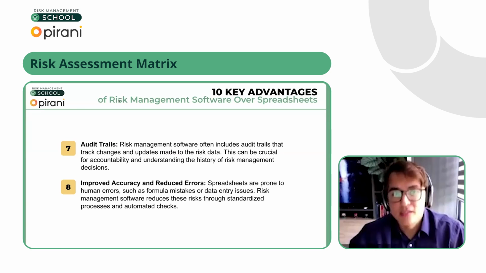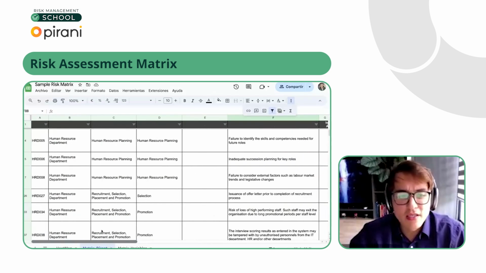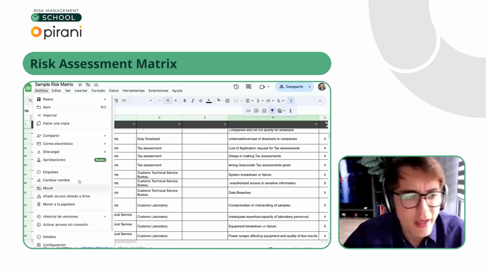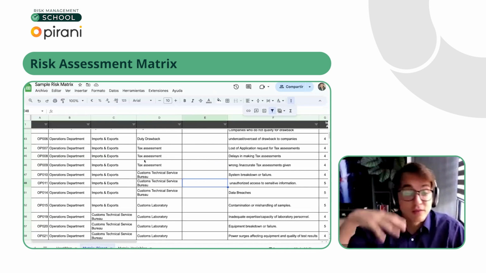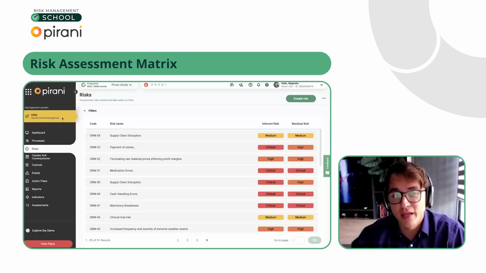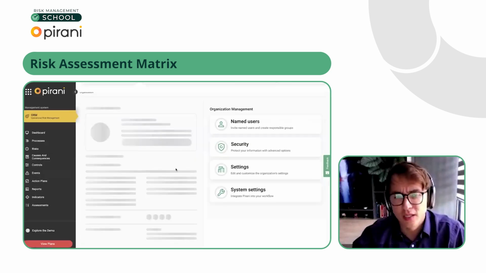7, audit trails. Of course, you can say, oh no, who changed that specific information? Maybe I can go to the history of versions and try to identify what's happening in the Excel. But a specific software, for example, has audit logs.